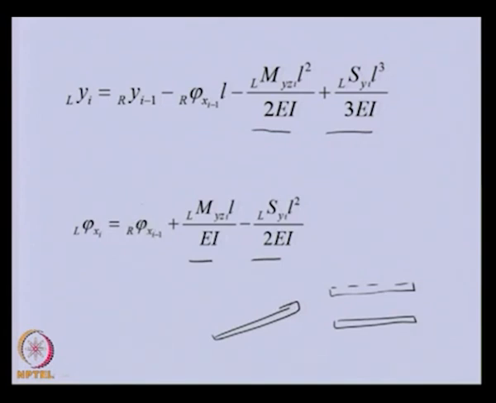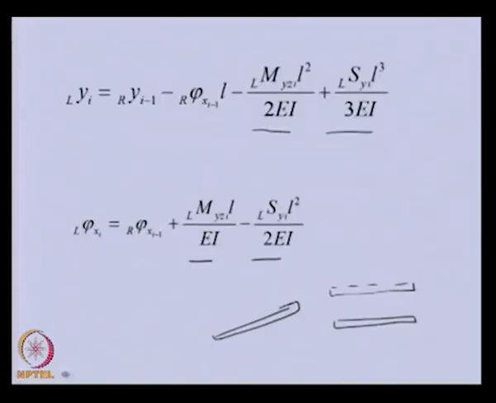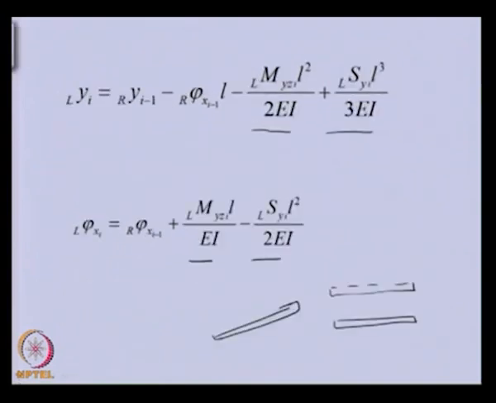Now you can see that we have related not only the shear force and bending moment, but also the translational displacement and rotational displacement. These relations we can summarize like this. Here this is the first equation, the linear equation. If we go back here, you can see this particular moment.